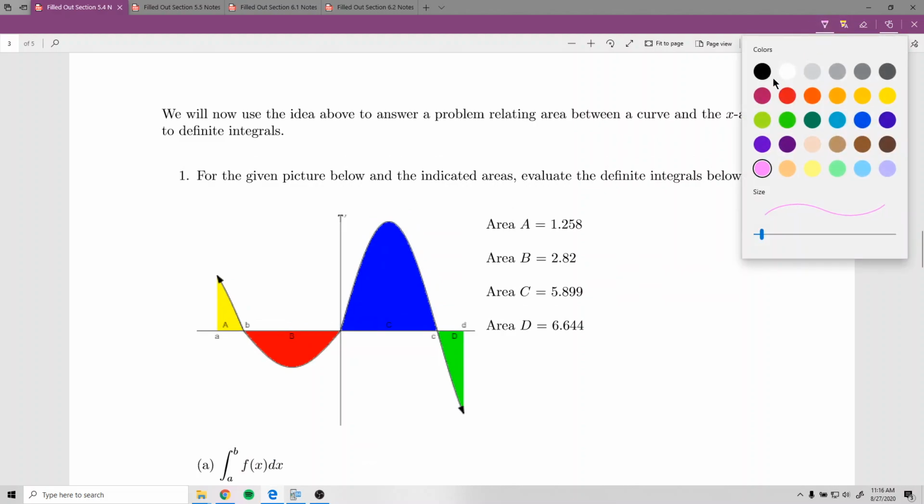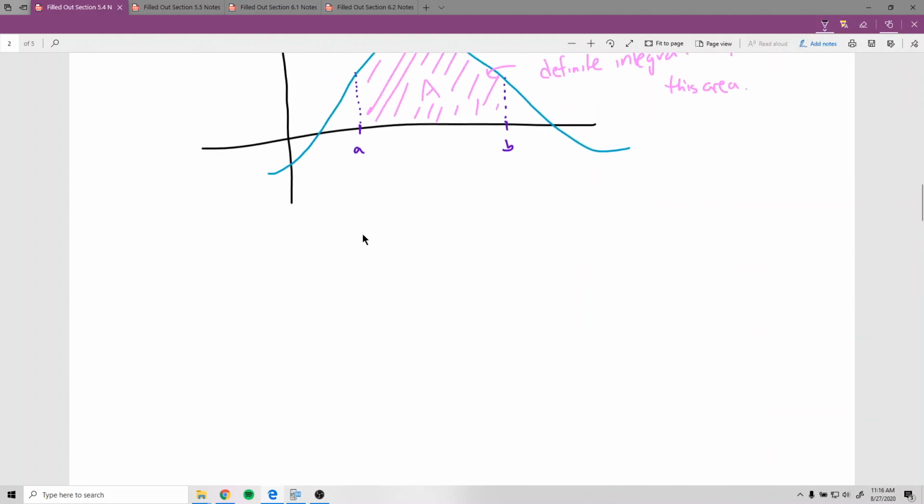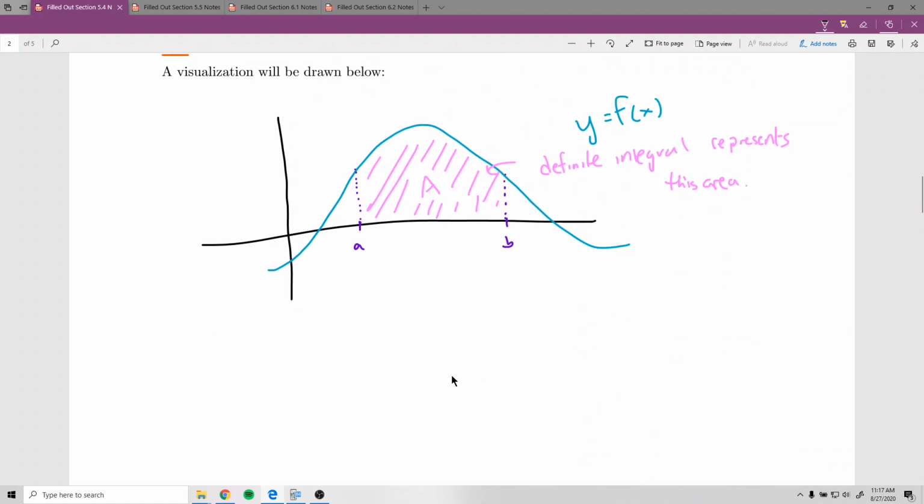And we'll start with just, well, actually, before we get to the problem, let me add in a little comment. So the definite integral is almost exactly like area. But there is one catch.